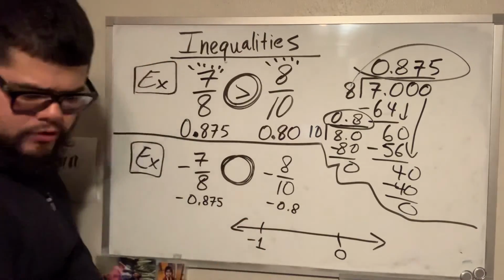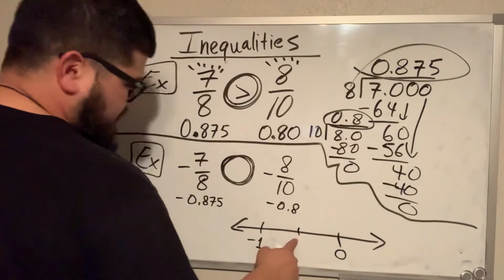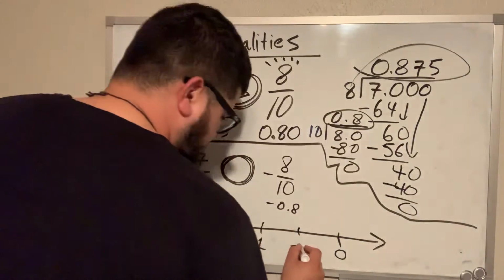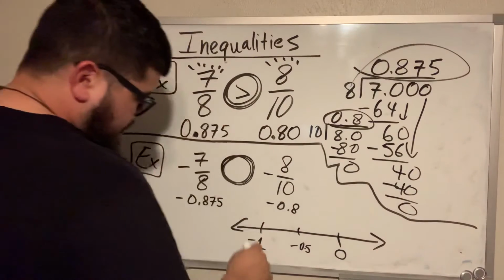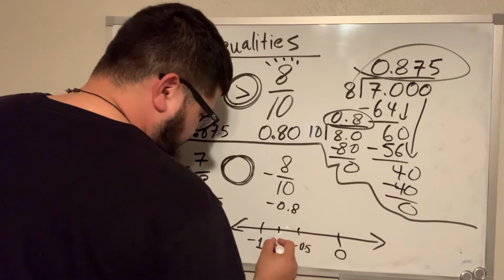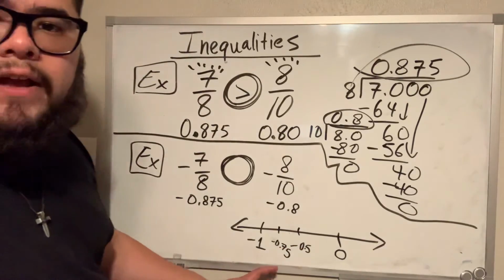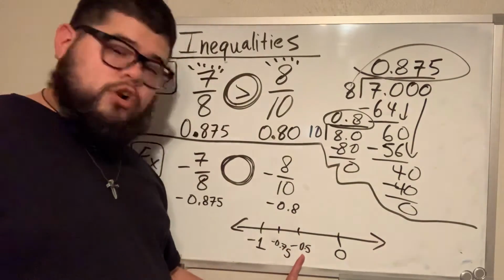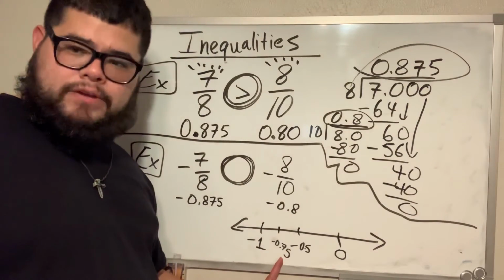If we draw this out, we know the midpoint, the very middle of 0 and negative 1 is negative 0.5, right? And even between -1 and -0.5, we have -0.75, right?